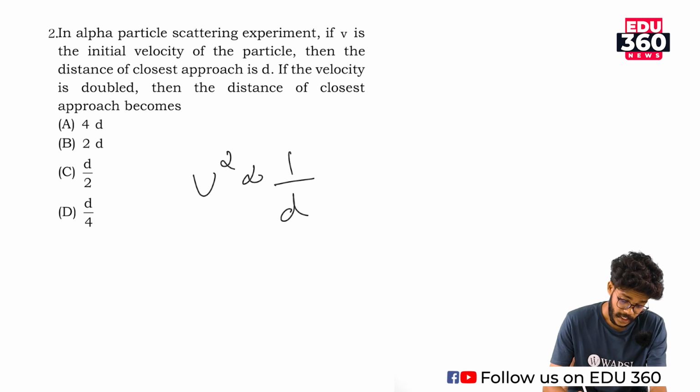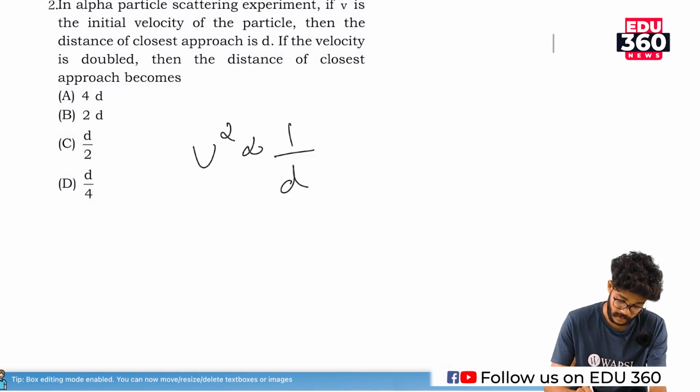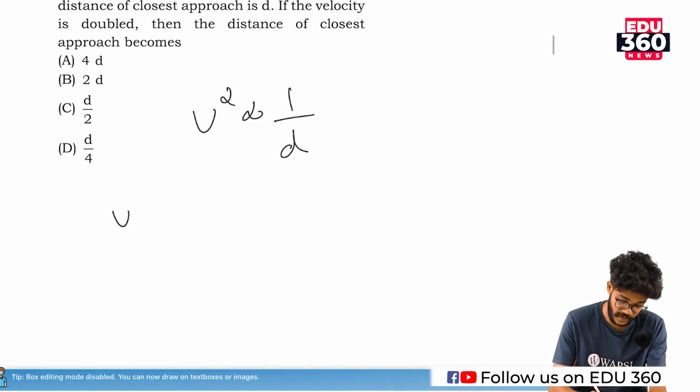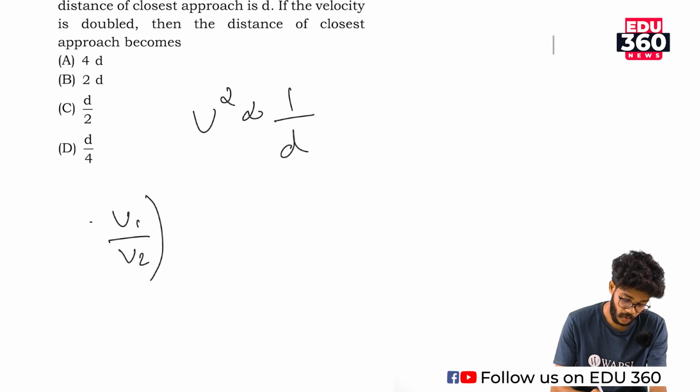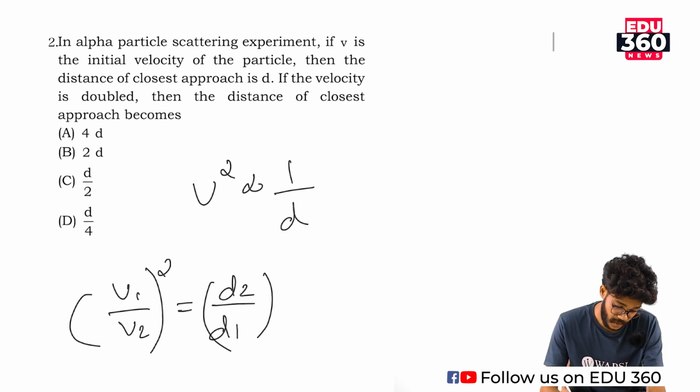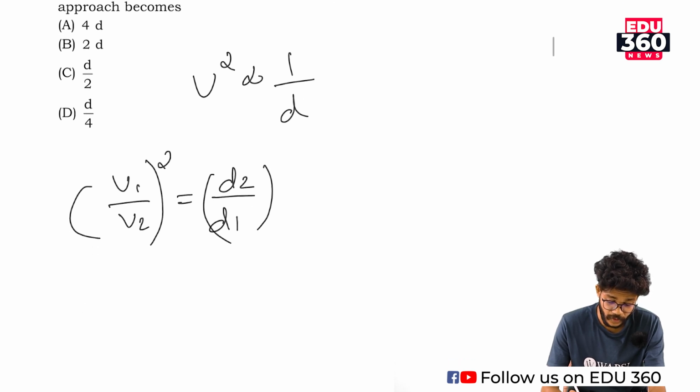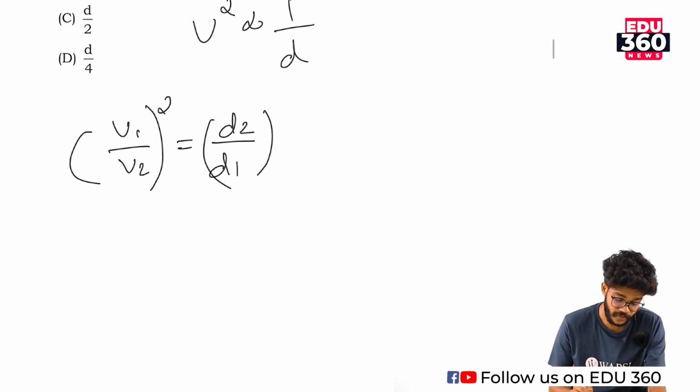So we can do the calculation as v1 by v2 the whole square is equal to d2 by d1. The question says the distance of closest approach is d, and the velocity is doubled, so v2 is equal to 2v1.